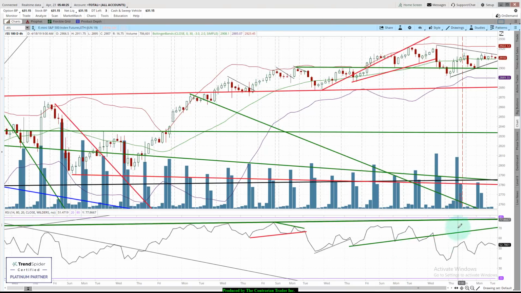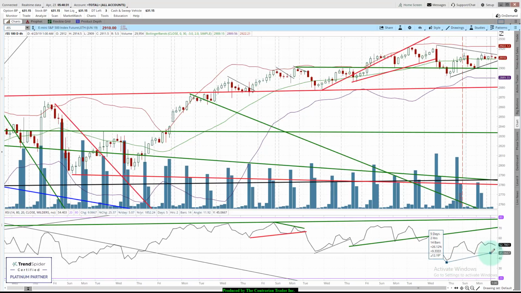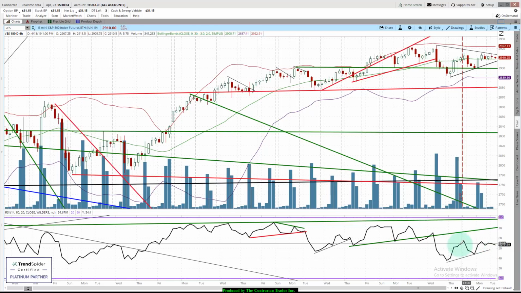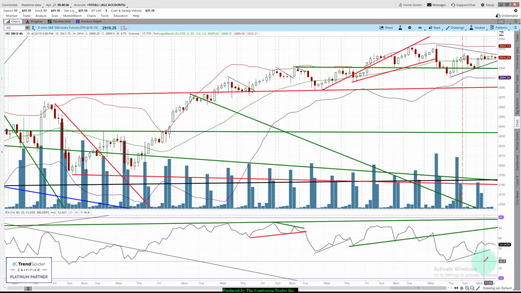I will warn, RSI is rolling over a bit here. But again, we have higher lows. And while we're lacking higher highs, we are not breaking down to new lower lows, so until such time we remain in the trading range with the path of least resistance remaining to the upside.